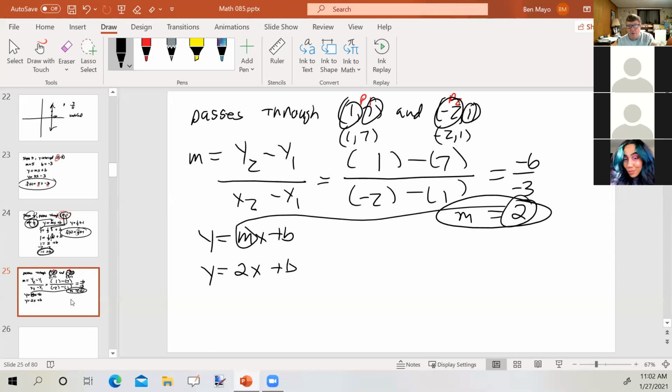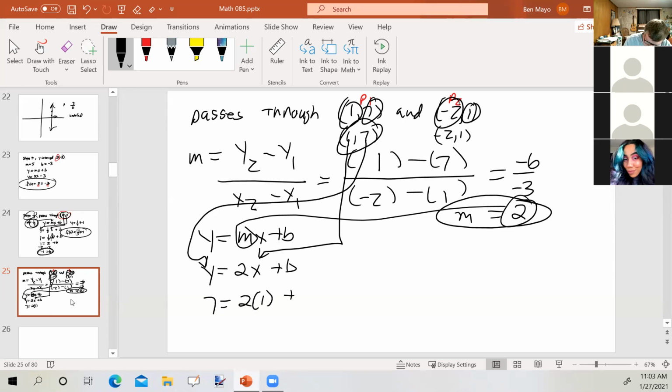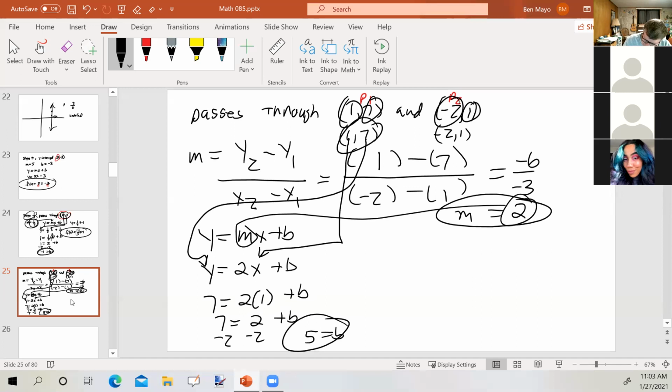Don't take an x from one of the points and a y from the other point, okay? I'm going to use this point. So 1 goes in the place of x, and 7 goes in the place of y. So 7 equals 2 times 1 plus b. 7 equals 2 plus b. Subtract 2, b equals 5. So now I've got the y-intercept and the slope. So y equals 2x plus 5, writing it as a function, f of x equals 2x plus 5.